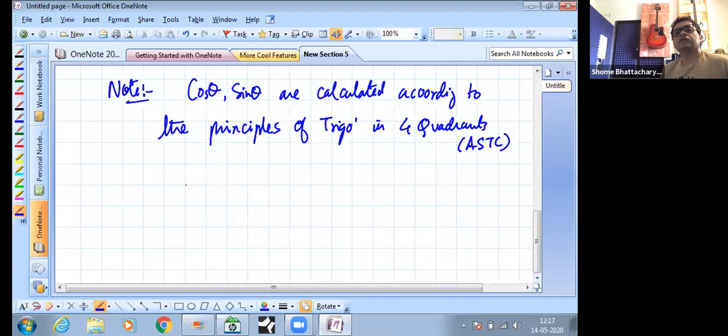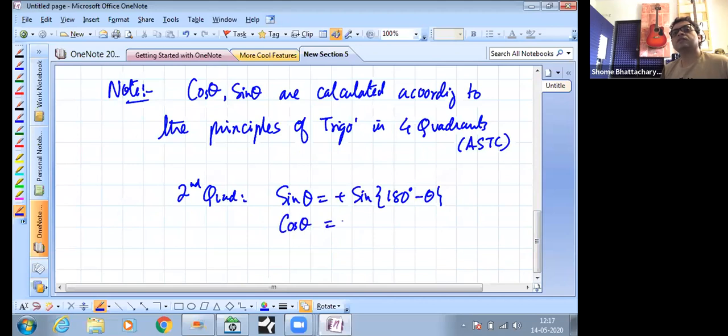Things like in second quadrant, we have sin theta is positive of sine 180 degrees minus theta, but cos theta is negative of cos 180 degrees minus theta.